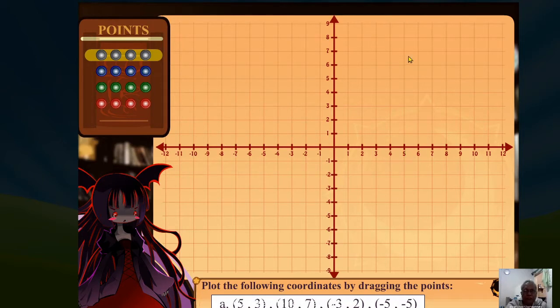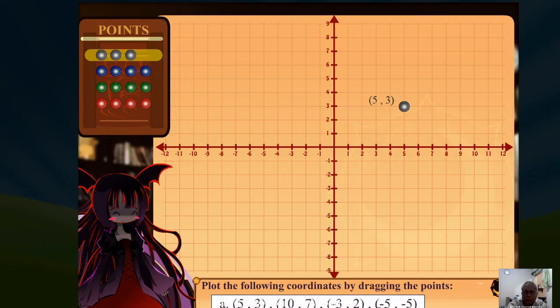If we are going to draw a line here, we must have the second line, which is 3. When we draw the horizontal line at 3, the intersection will be at this point, (5, 3). So we're going to put this one here on the 5 and on the 3. Very good.